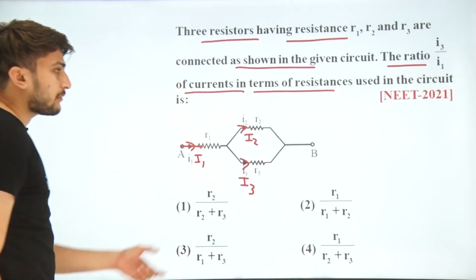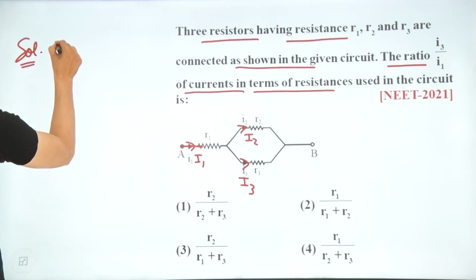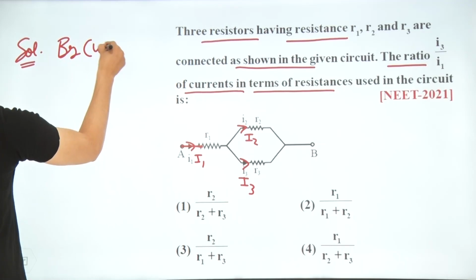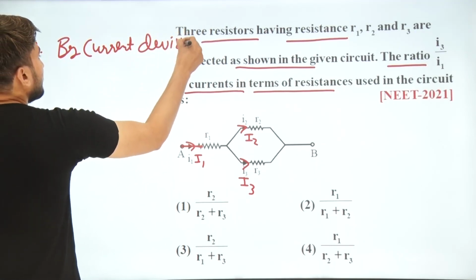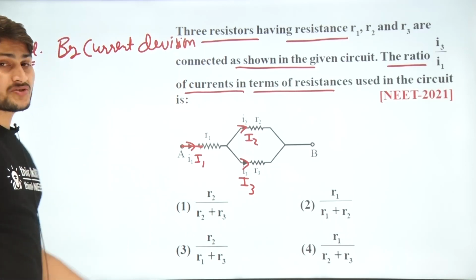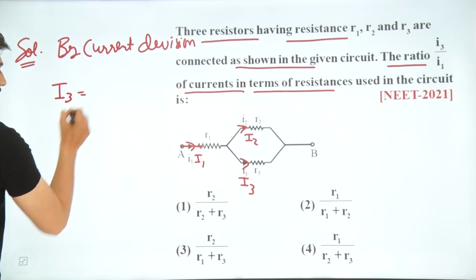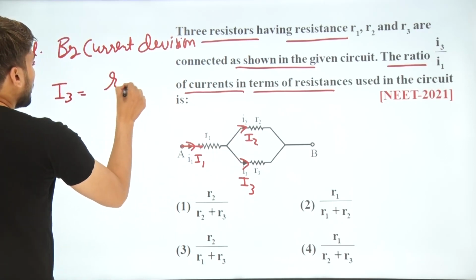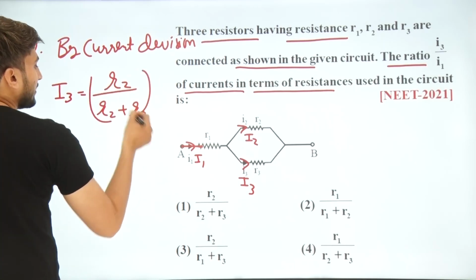Now students, we can directly find I3 by the current division rule, which is used in a parallel combination. So I3 is equal to R2 upon R2 plus R3 times the net current, which is I1.